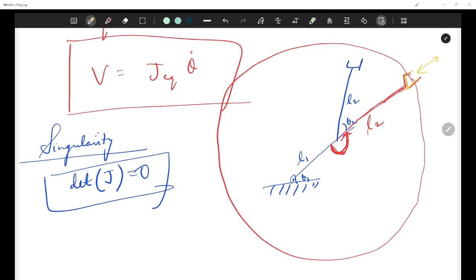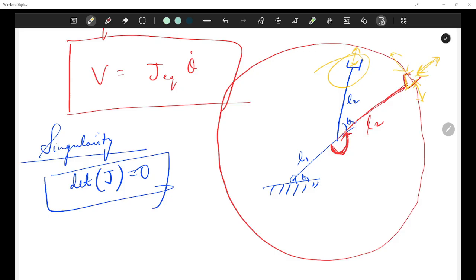No, right? It can only move along this tangent to the circle, either in this direction or this direction, but it cannot move in the direction of its length, which it was able to do when it was at this position. Then it was able to move in this direction as well, but now it is not able to move.